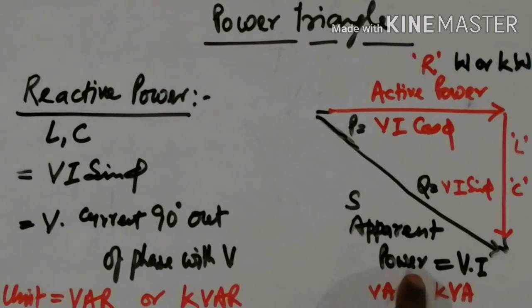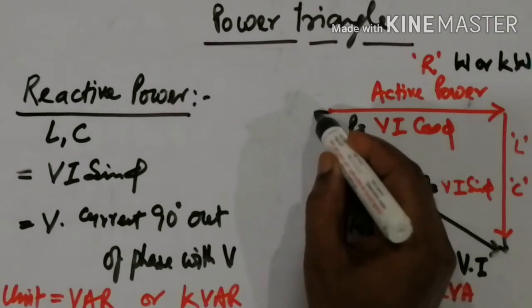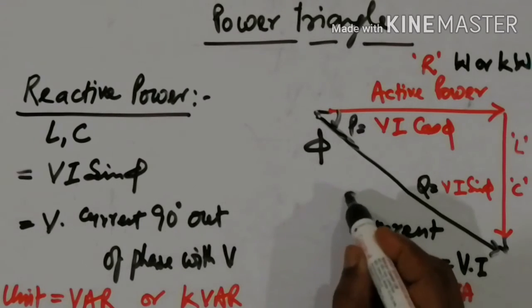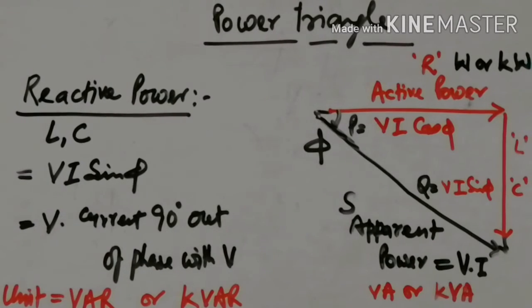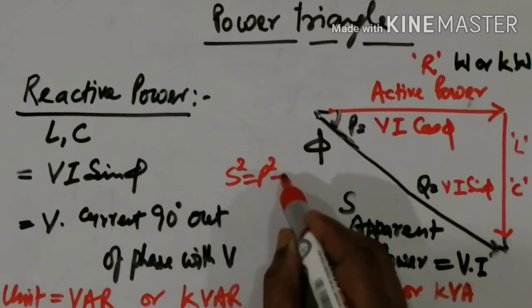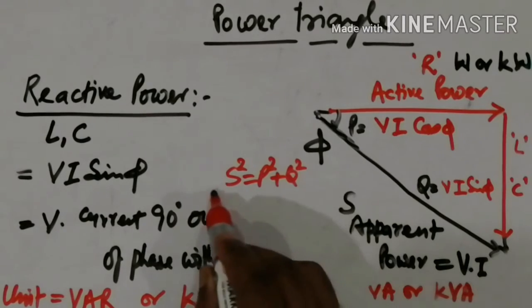And apparent power is known as V into I. It is measured in volt ampere and kilovolt ampere, and this angle is known as phi. Why this triangle? S square is nothing but P square plus Q square.